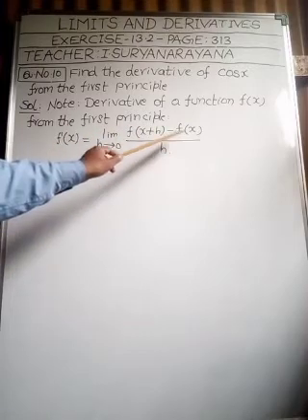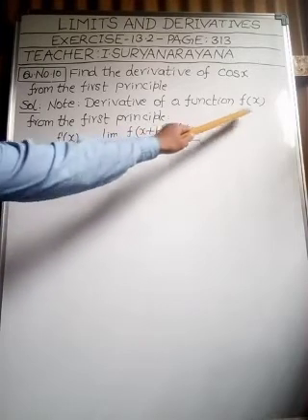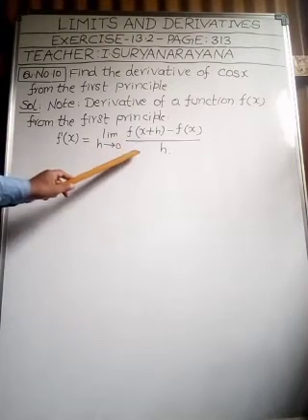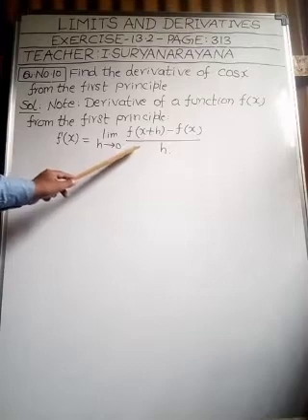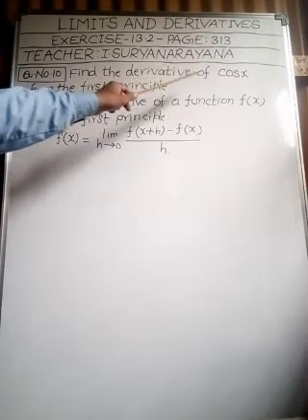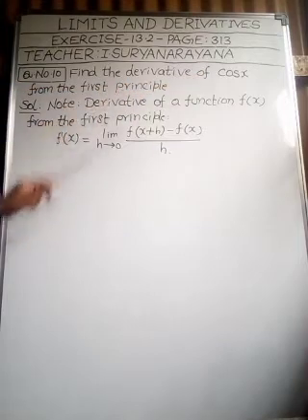This is called the derivative of the given function f of x from the first principle. Without knowing this definition, you can't find the derivative of cos x from the first principle.